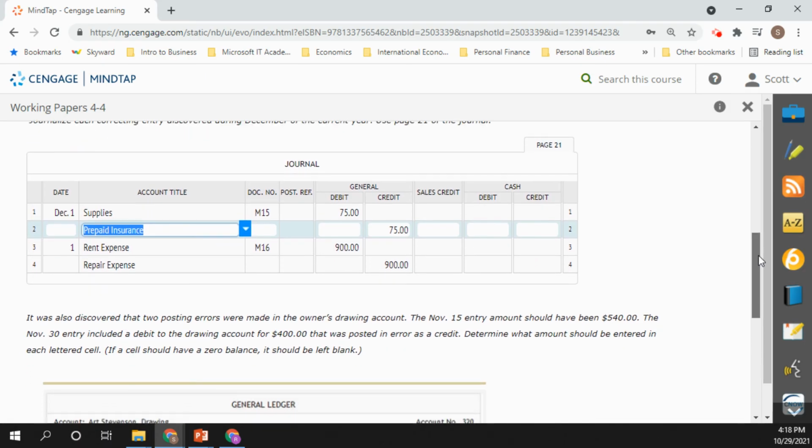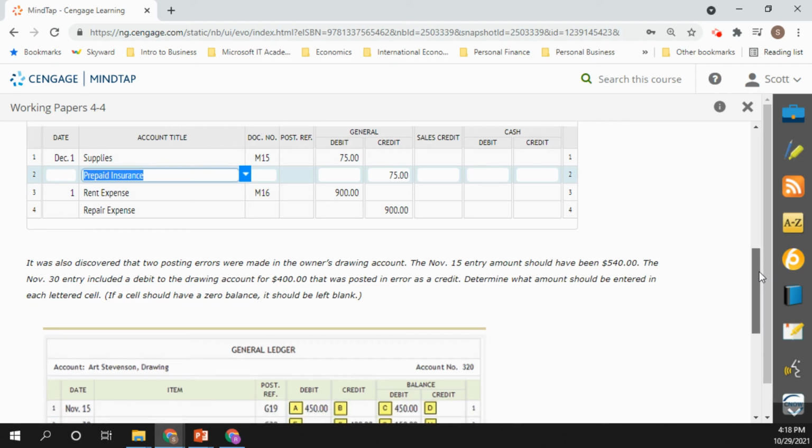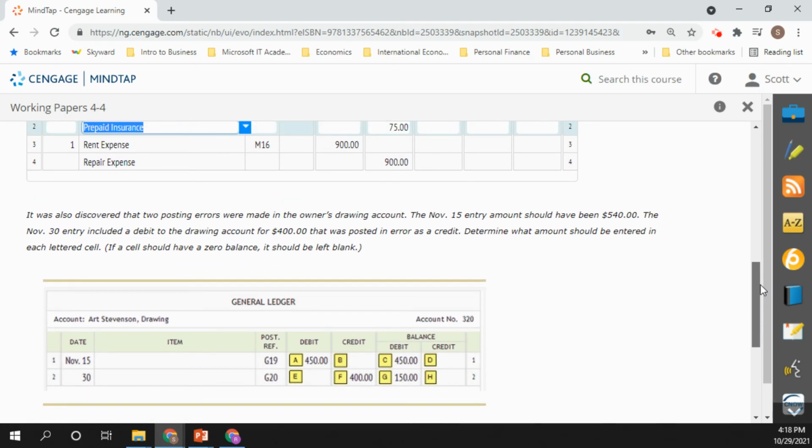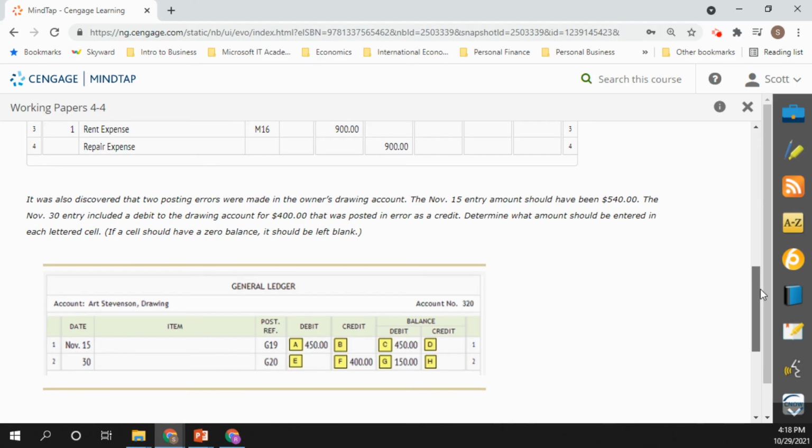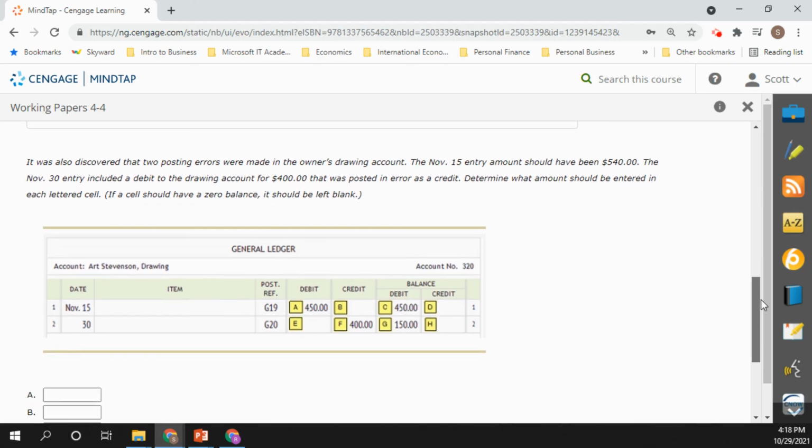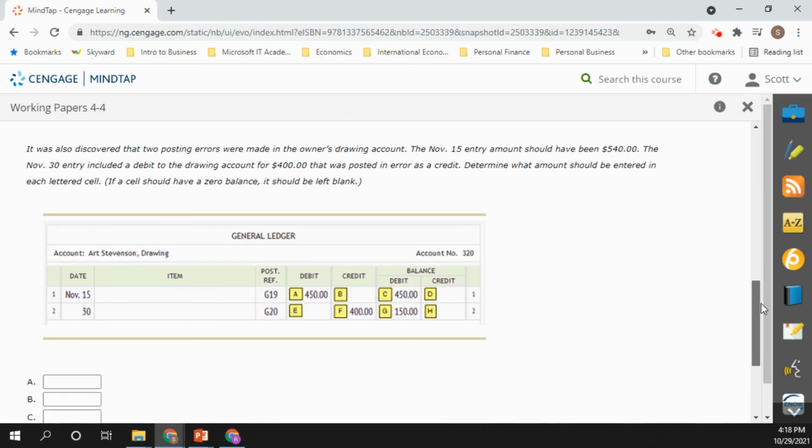It was also discovered that two posting errors were made to the owner's drawing account. The November 15th amount should have been $540. The November 30th amount, including a debit to the drawing account for $400 that was posted in error as a credit. Determine what amount should be entered in each lettered cell. Okay. Well, cell A should have been 540, right?